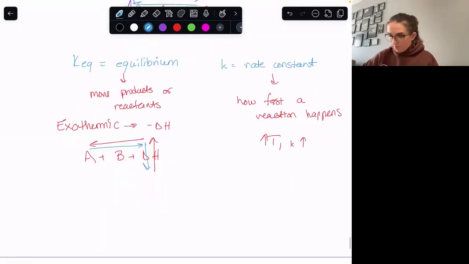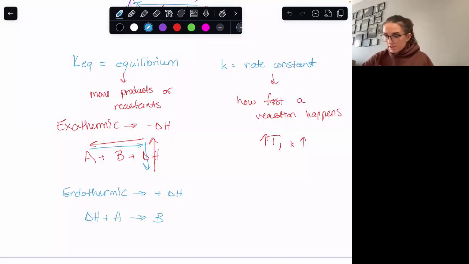And then the same thing happens for an endothermic reaction. Right, that's a positive delta H. So that's saying that we have delta H plus A going to B. But this time, if we're increasing temperature, we're now producing more products. Right, opposite of an exothermic reaction. If we decrease temperature, we are increasing the reactants.